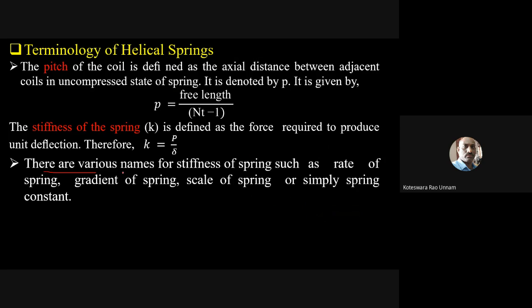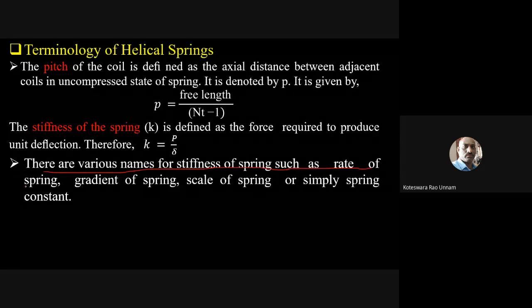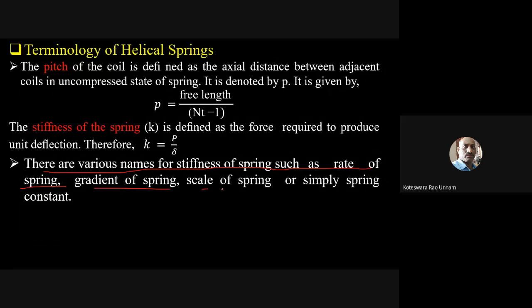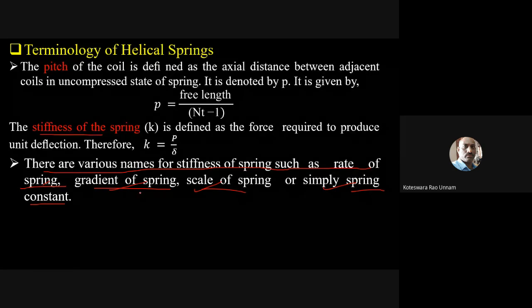There are various names for the stiffness of the spring, such as rate of spring, gradient of spring, scale of spring, or spring constant. All these terms are the same.